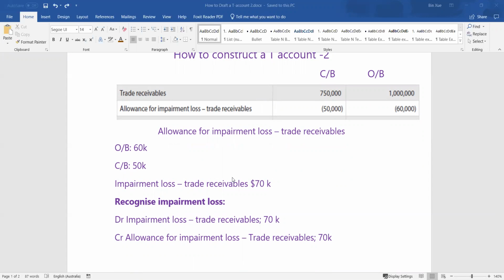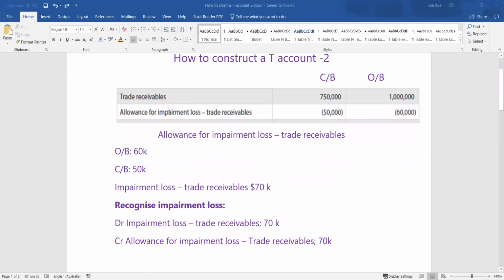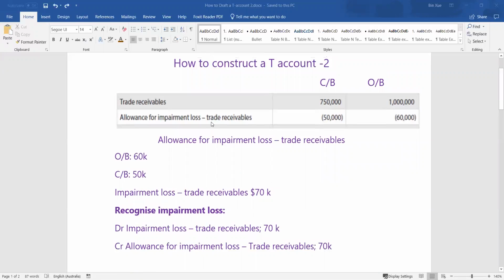And the other part is the trade receivables account. So the movement will also impact the trade receivable account. If we are debiting allowance for impairment loss, we will need to credit trade receivables, which means we are reducing the trade receivables, money not being able to collect.